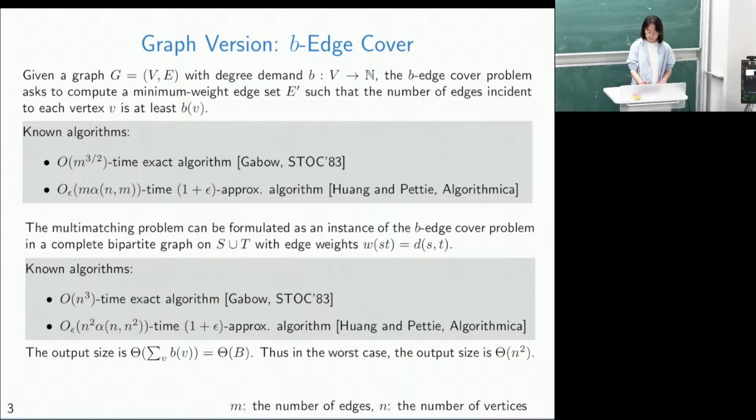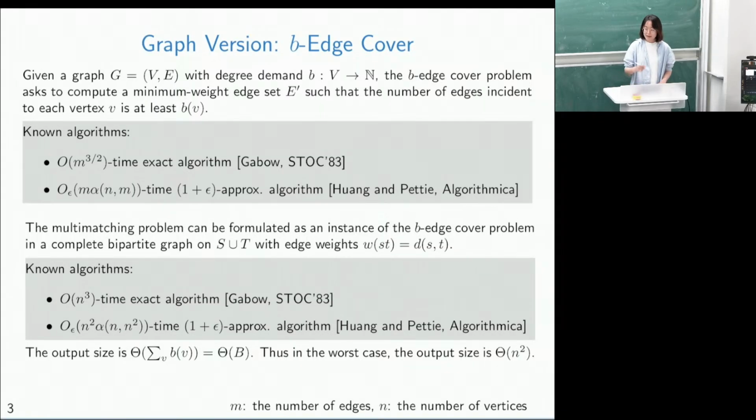And in this talk, we will use B to denote the total degree bound. Then the output size is order of B. But in the worst case, B can be quadratic in the number of points.